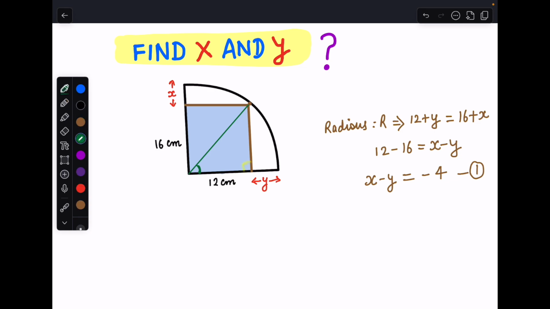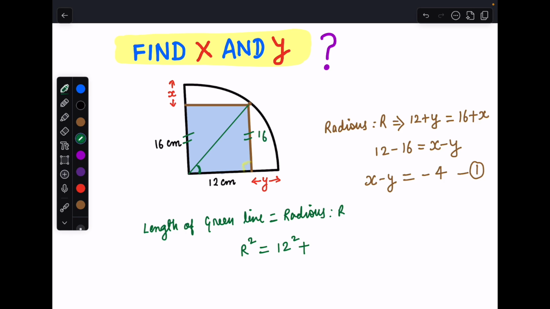By using the Pythagorean theorem, this length of the green line is nothing but the radius r. And using the Pythagoras theorem, this r will be equal to 12 square plus this 16, which is equal to this 16. This will be 16 square.